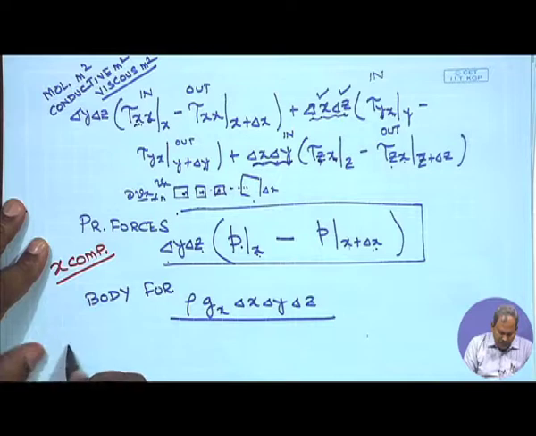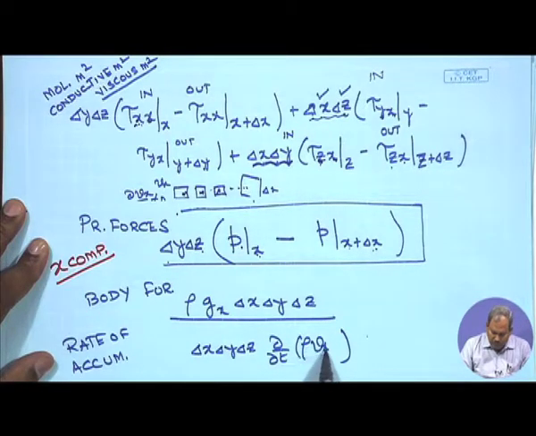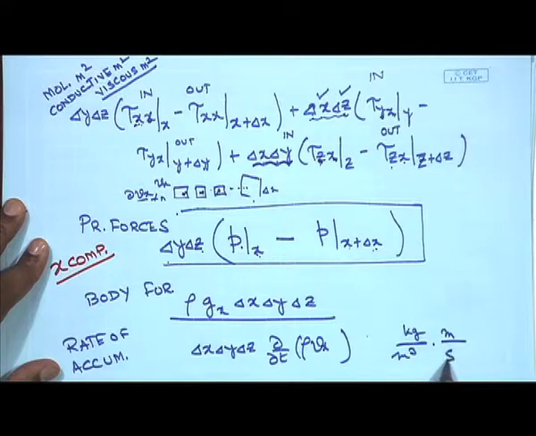And the rate of accumulation of momentum inside the control volume would simply be del x del y del z and del t of rho Vx. So, rho is kg per meter cube, Vx is meter per second.